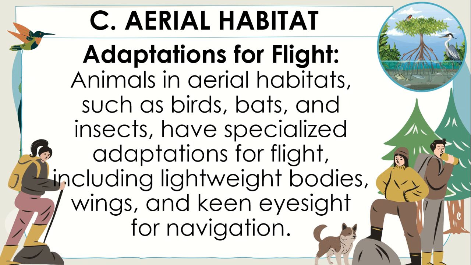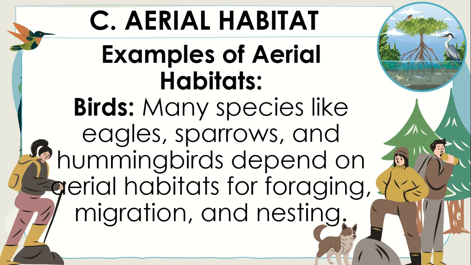Adaptations for flight. Animals in aerial habitats such as birds, bats, and insects have specialized adaptations for flight, including lightweight bodies, wings, and keen eyesight for navigation. Examples of aerial habitats.